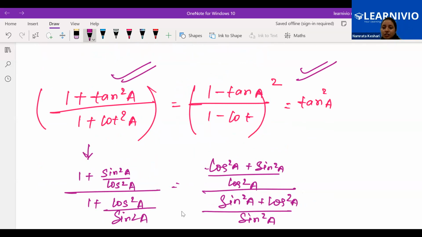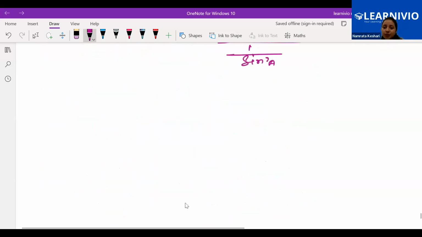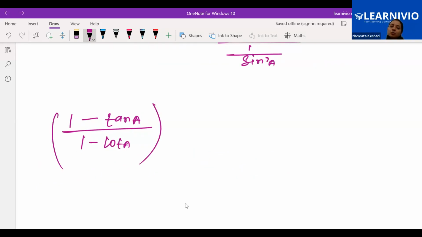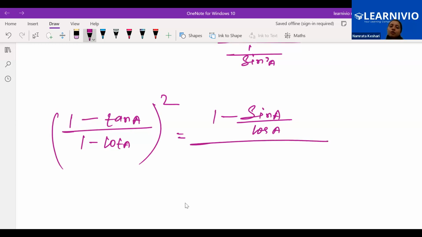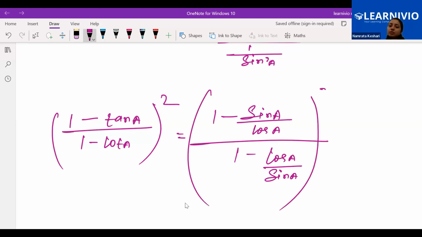So (1 minus tan A by 1 minus cot A) whole square is there, equal to 1 minus sin by cos over 1 minus cos by sin, but we will not forget that there is a complete square.